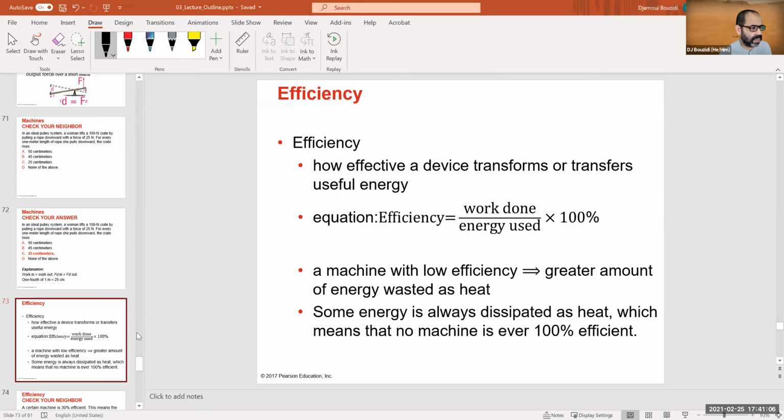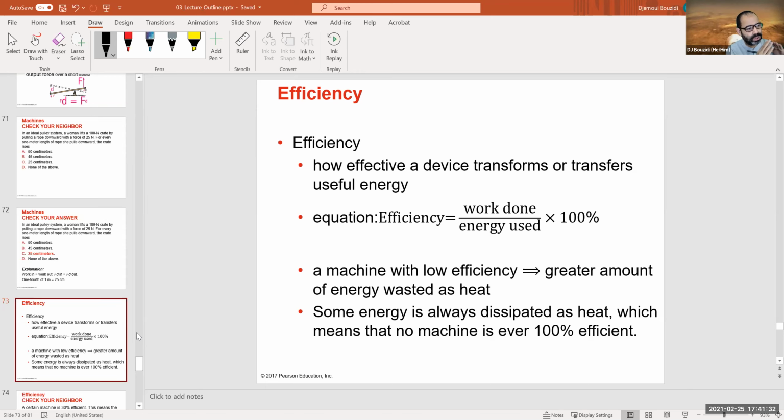The efficiency is how efficient it is, and because of friction and all of the waste, usually the efficiency is less than 1. It cannot be more than 1. First of all, you cannot produce more energy than what you put in. Ideally, the best you can do is 100% efficiency, meaning that you put in 100 joules, you get out 100 joules. So those scenarios that I gave earlier, for example, the person who went on the incline versus the person who went straight up, is actually an ideal situation.